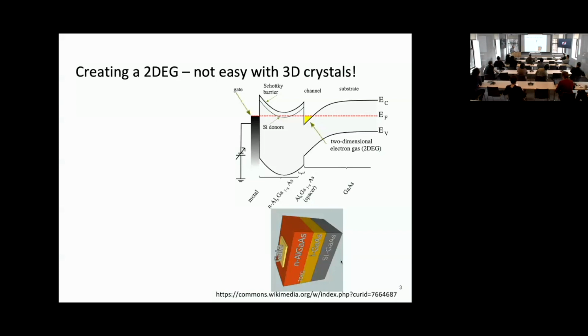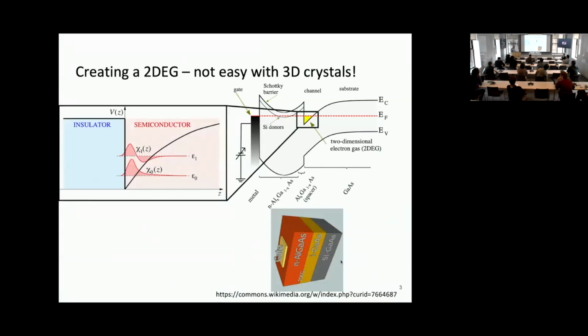And in between these layers of very pure semiconductors, there was a tiny region where the electrons were confined. This was the confining potential produced by these materials. So the presence of these materials produced this effective potential where electronic wave functions in this direction were confined, producing this 2-dimensional electron gas.